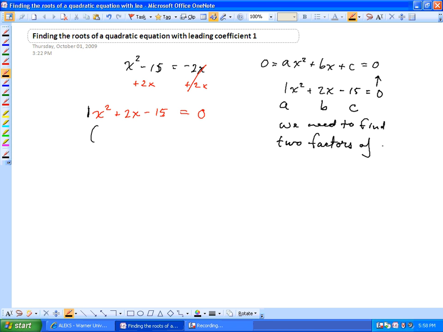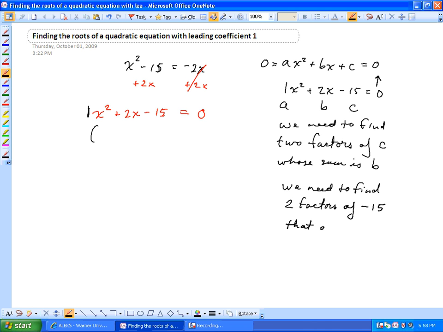We need to find two factors of c whose sum is b. So in this case, we need to find two factors of negative 15 that add to positive 2.